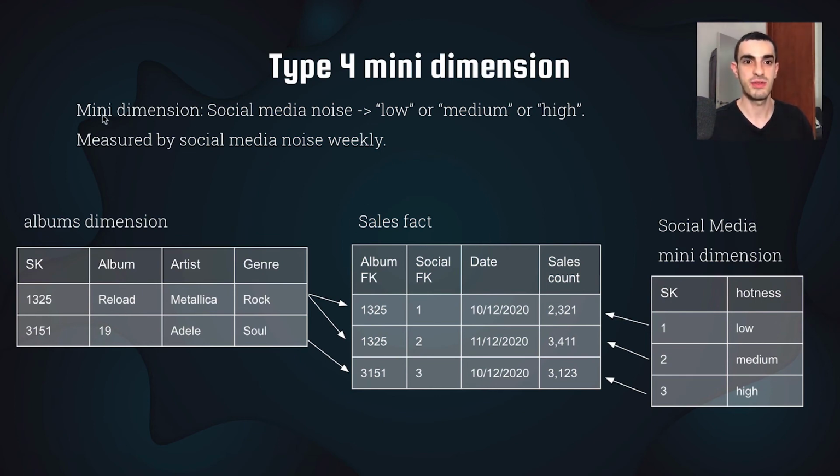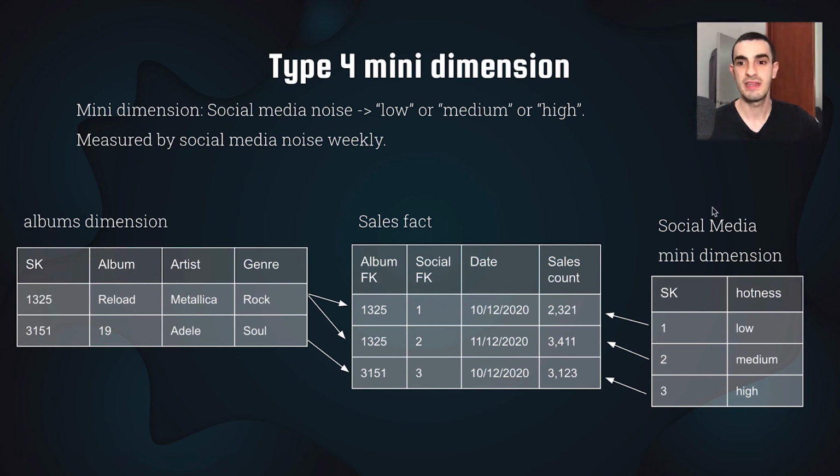In this case, we want to track, for example, the social media noise about certain albums. We want to track it weekly. So if we track this dimension of social media album within the original dimension, it means every week we will have to duplicate all the data.